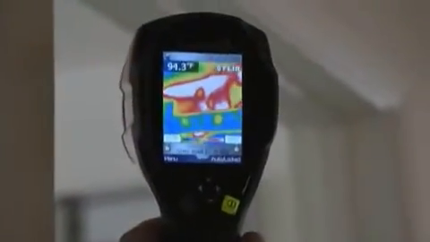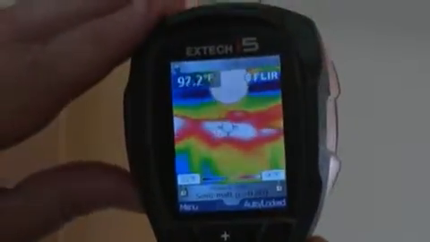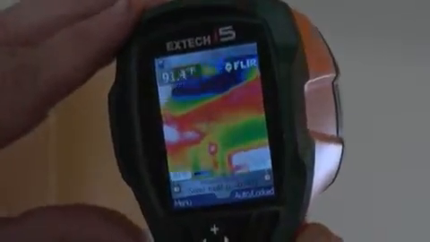So we get to see two things simultaneously: where the insulation isn't performing, but also where air is leaking into the house. So this is an example of, in the winter, cold air leaking down into an interior partition wall. And we can see all the cold streaks in between the boarded interior partition wall.